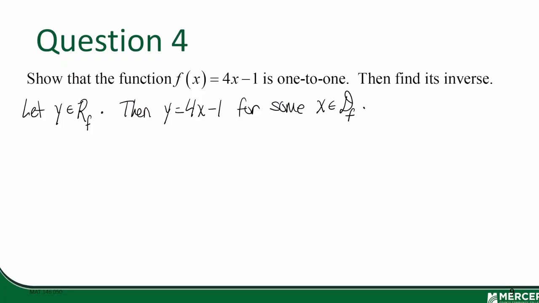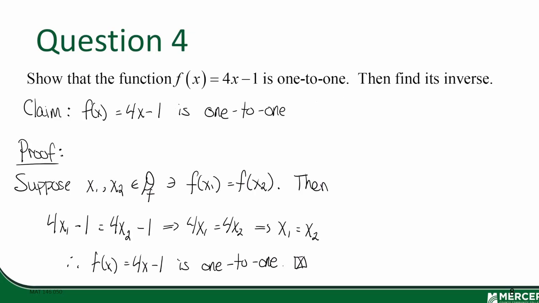That means that y equals 4x minus 1 for some x in your domain of f. Our goal is to find that x. And we know that there's only one x that satisfies that, because we just proved it's 1-to-1. So not only do we know such an x exists, we know there's only one x that satisfies that condition.